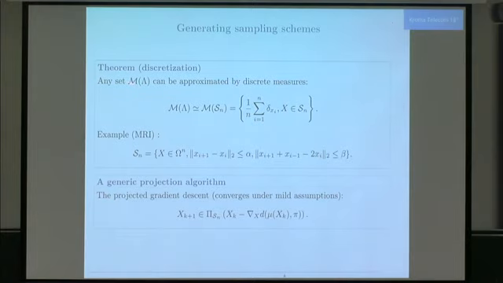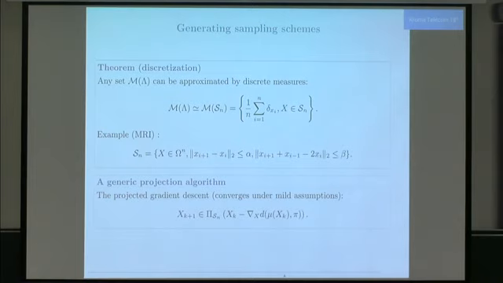And you can show that you can always approximate a set defined like this by a set defined as discrete measures, except that here your sampling points should belong to some constrained set here, Sn. And the control here is in Hausdorff distance. It's a bit technical to control this precisely, but you can do it.